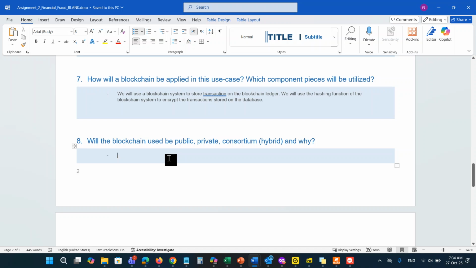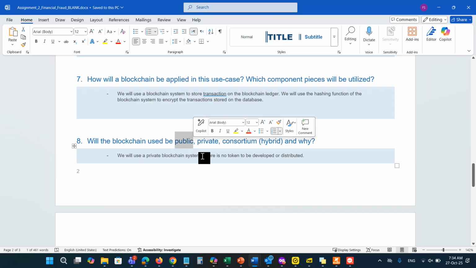Will the blockchain be public or private? Private blockchain system. There is no token to be developed or distributed. So keep in mind, if it's a public blockchain, basically it means there's a cryptocurrency token.